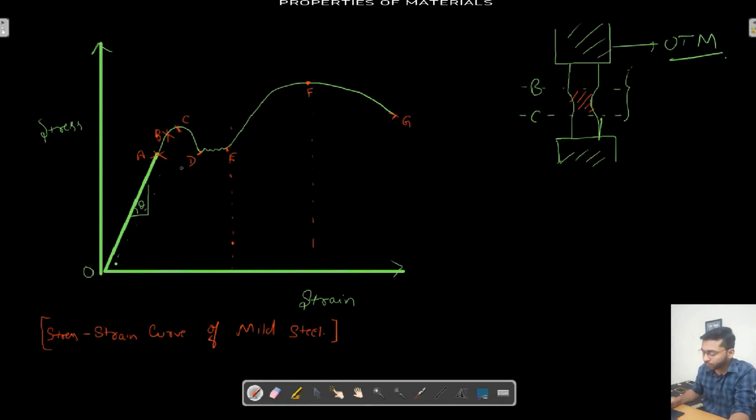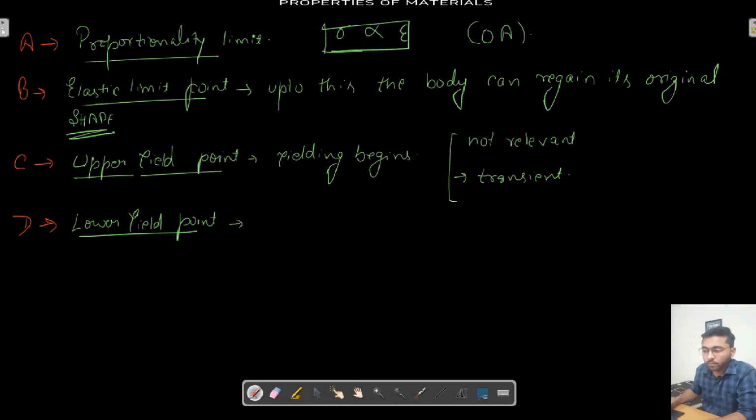Okay, so this is the force which is required in order to maintain the yielding of a body. So we can simply write it by the definition. It is the actual yield point. If you are asked which yield point we should take, the answer would be the lower yield point.